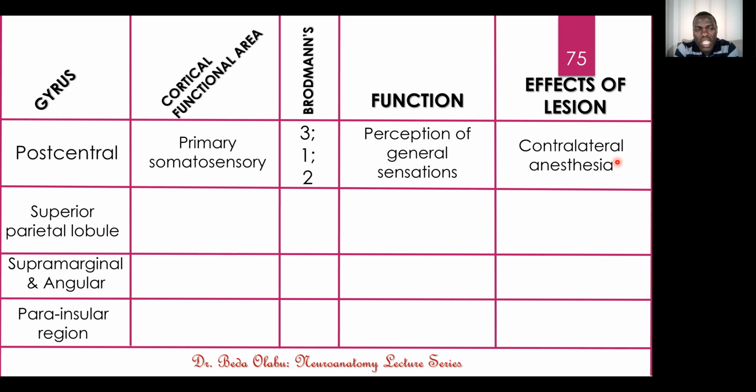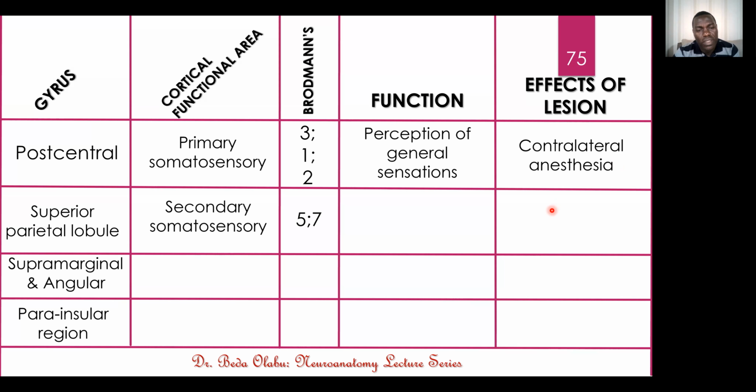So if you injure the left post-central gyrus, you'll affect sensations from the right side of the body. If you injure the right post-central gyrus, you affect sensation from the left side of the body. You get contralateral sensory loss.